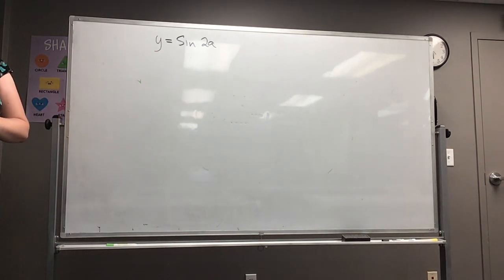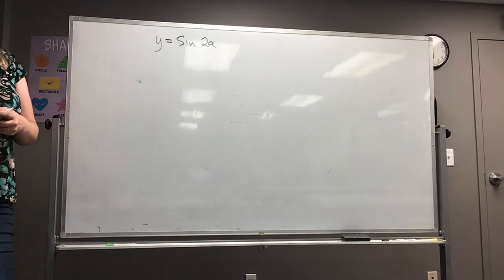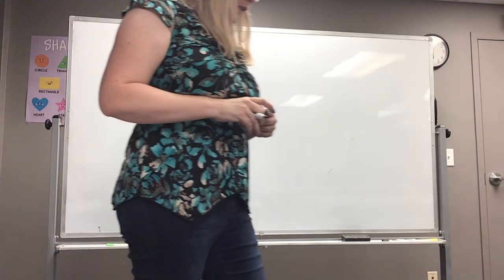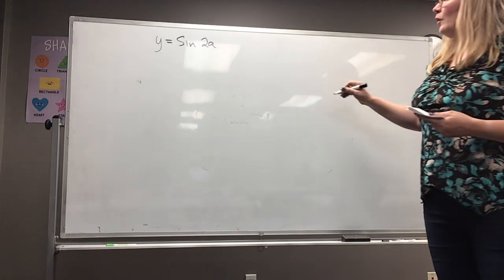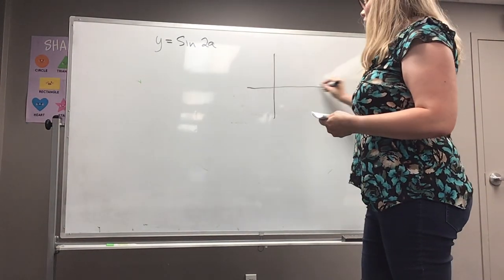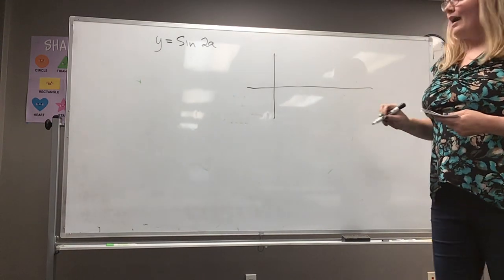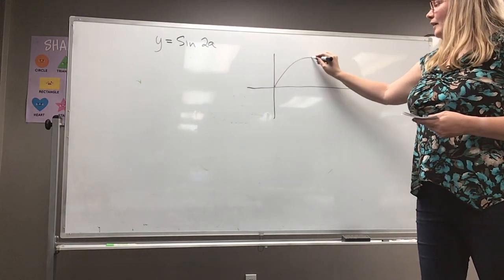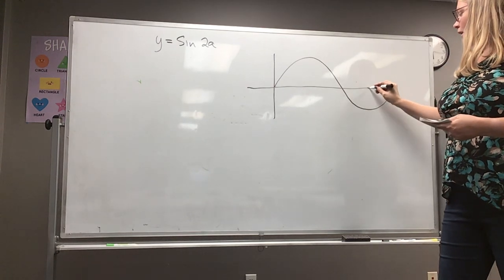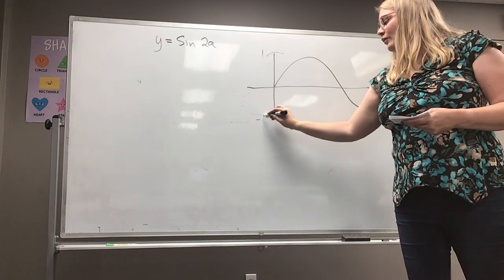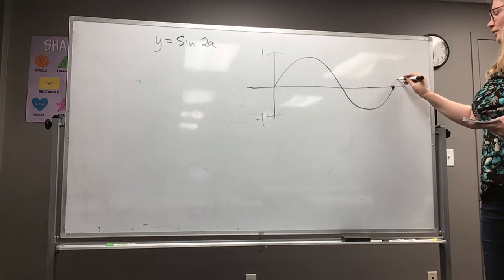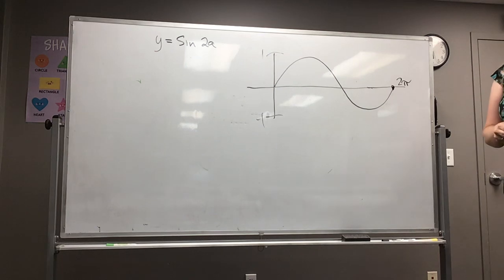Have you done anything with trig graphs yet? Sine waves. So, very much in the transformation camp, I want you to be really familiar with the standard sine graph that it goes from +1 to -1, and it takes 2 pi to get there.